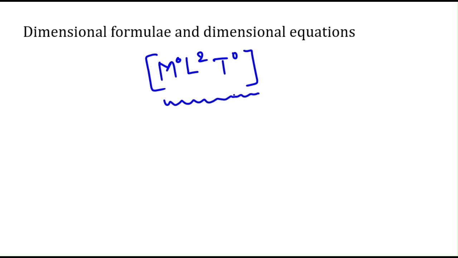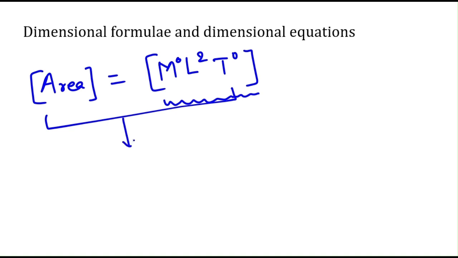And if we are equating that to the area, let's say we are representing area, writing with full words, and we equate the dimensional formula to the physical quantity, this equation we can call the dimensional equation for area.